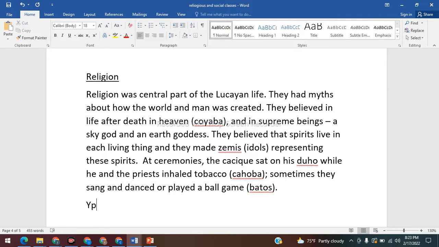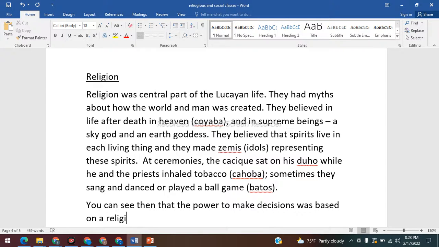You can see then that the power to make decisions was based on a religious system of belief.